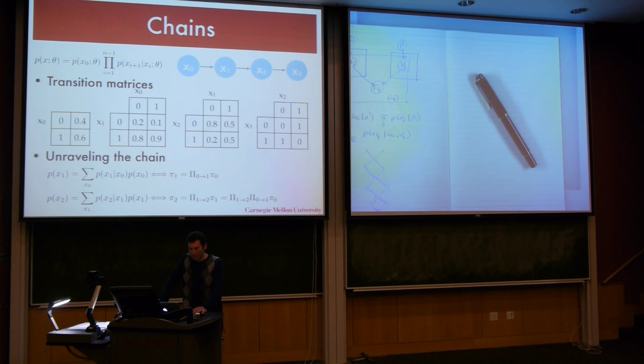Then I have this transition matrix, and basically what that matrix means is that if I'm in state 0, then with 20% probability I stay in state 0, and with 80% probability I go into state 1. And likewise, if I'm in state 1, this is what happens.